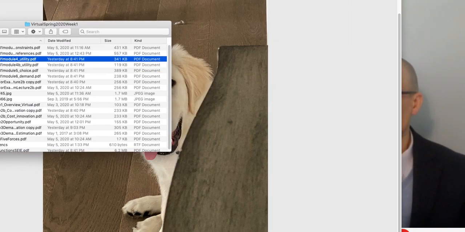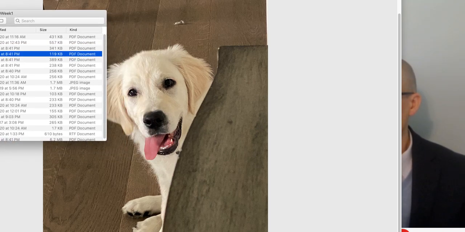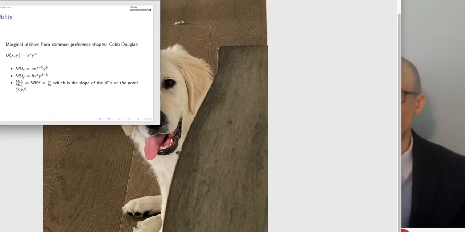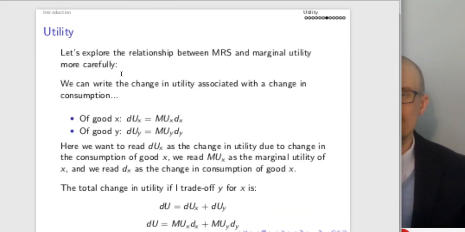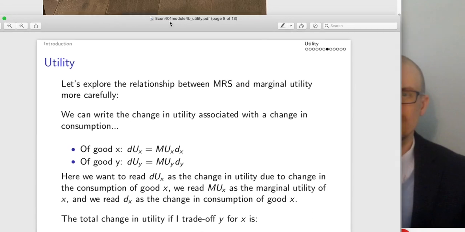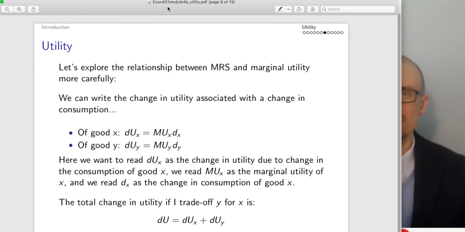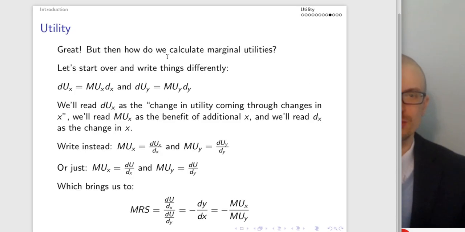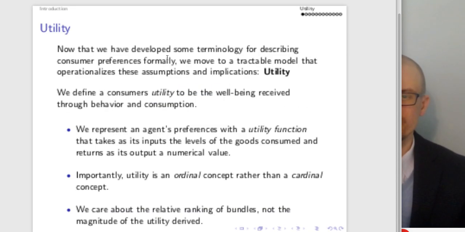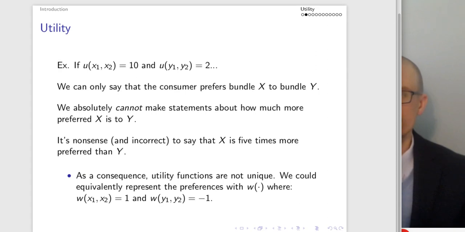So what do we have? Oh, here we go. Here's my extra set of lecture notes. Sorry about that. Here I thought I had everything set up and ready to go. This is the one that I've called Econ 401 lecture note 4B, and it's for this purpose right here. To ruin my video, just make a fool of myself. That's what it's for. No, it's for this right here.